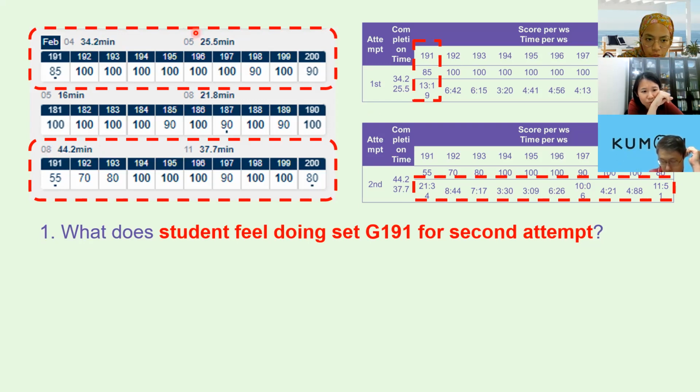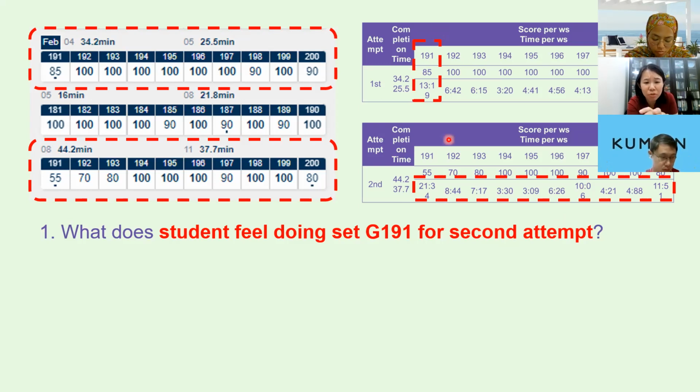The second half is 25.5 minutes, becoming 37.7. What do you think of students' feeling when doing G191 for the second attempt, looking at this data?